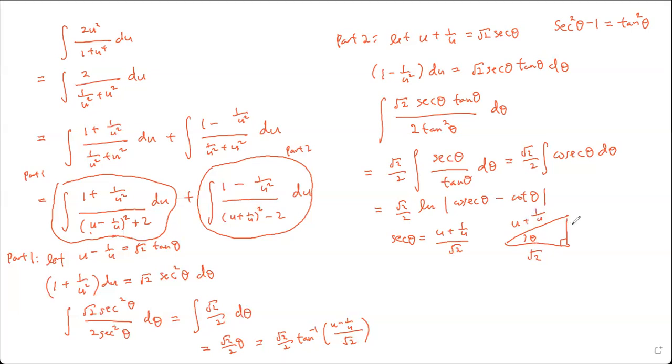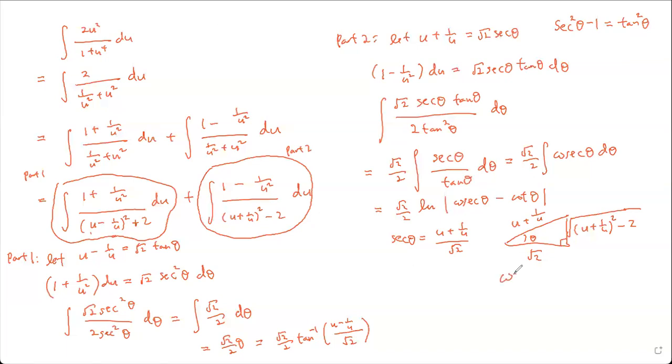Using Pythagoras theorem, this side is the square root of u plus 1 over u squared minus 2. That would help me to find cosecant, because cosecant is 1 over sine, and sine theta is opposite over hypotenuse.